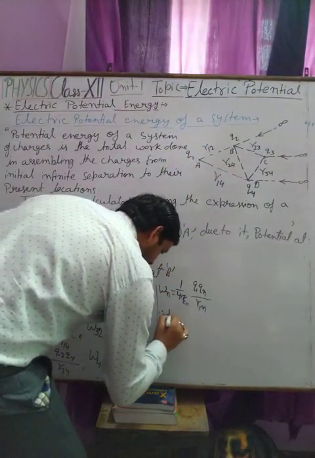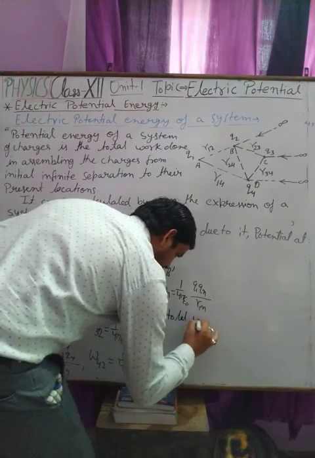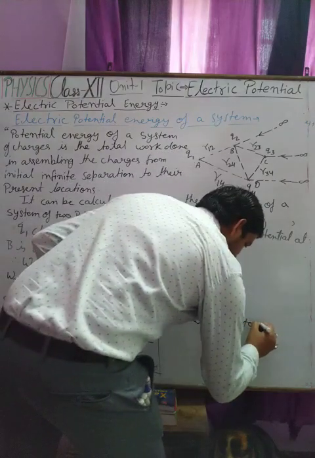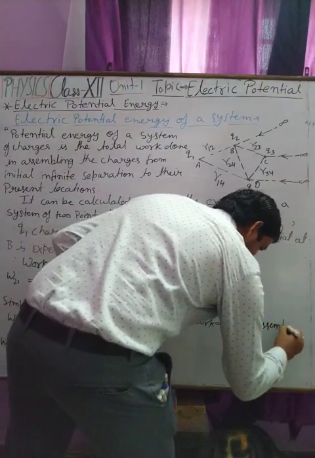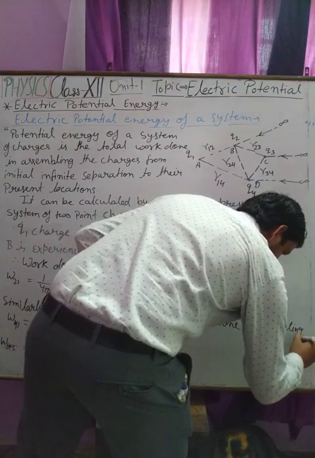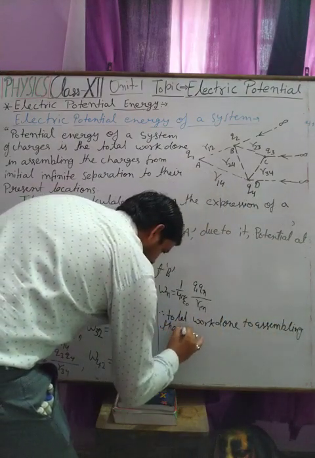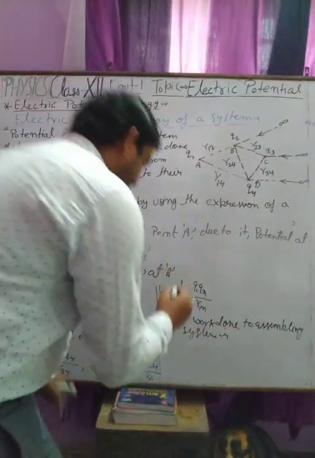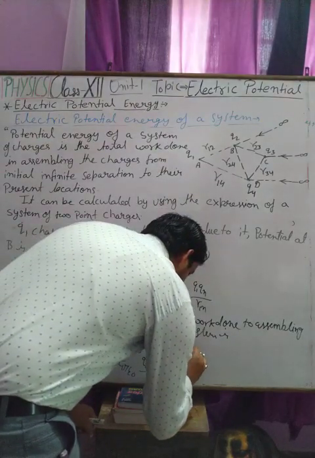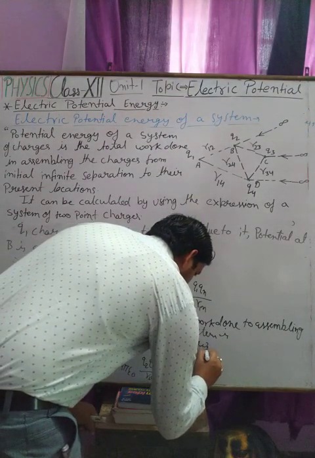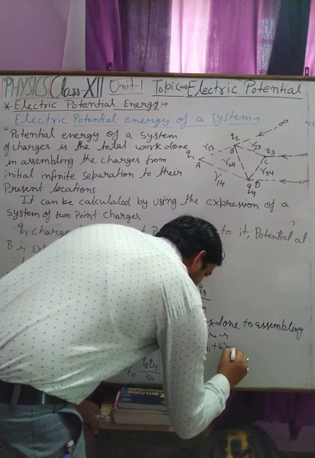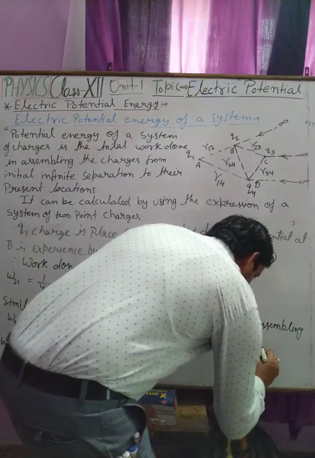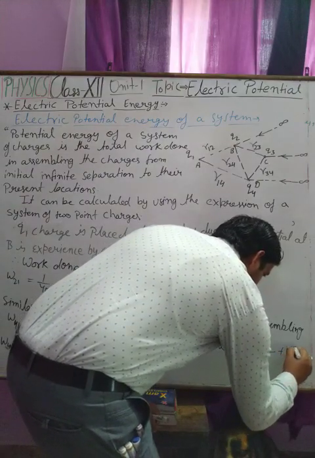Therefore, the total work done to assemble the system is given by W equal to W21, W23, W41 and Wn.